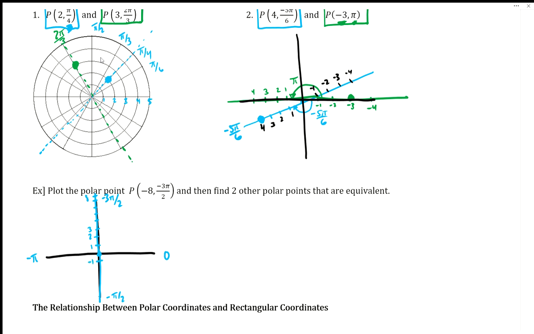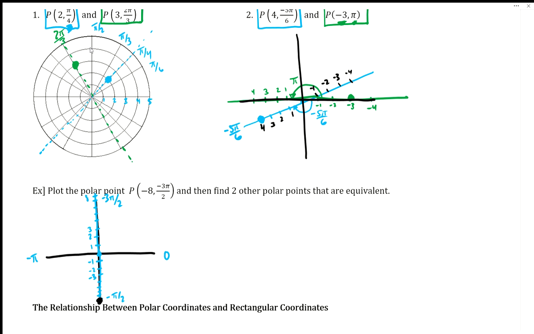So -1, -2, -3, -4, -5, -6, -7, -8. Okay, and let me change my color so we can see it. So that is where that point is plotted. Okay, so this is the point that we plotted, the -8 and -3 pi over 2. So that's the final official answer down there in the big bold point.